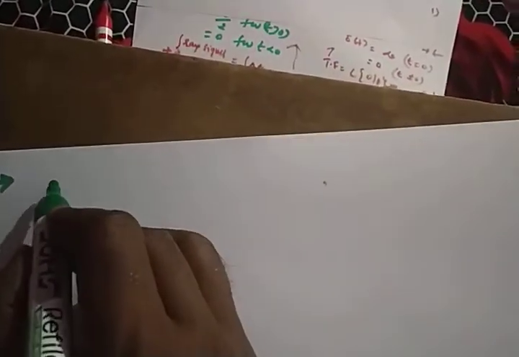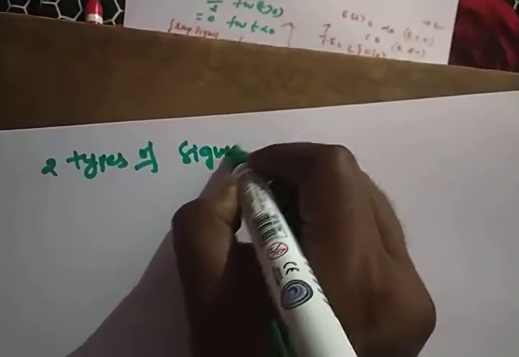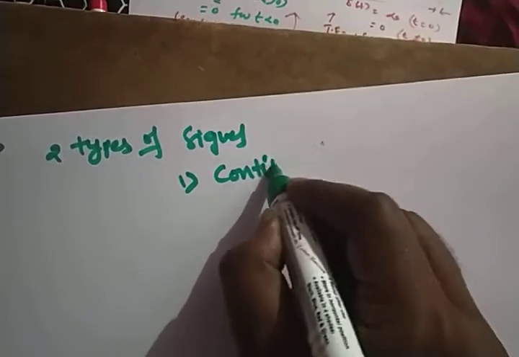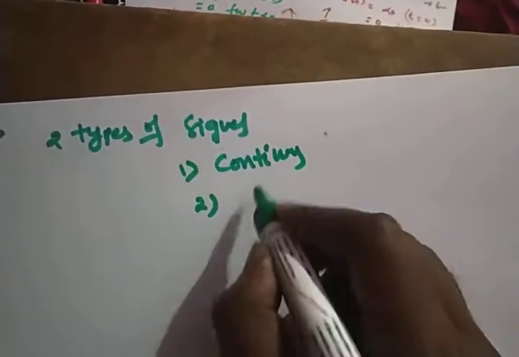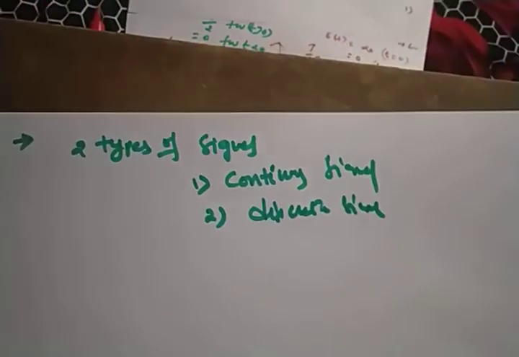Basically, with respect to types of signals, there are two: the continuous time signal and the discrete time signal. So what are those? Continuous signal and discrete signal.